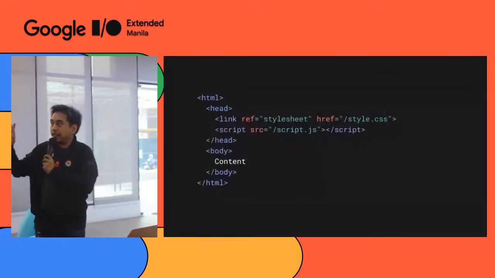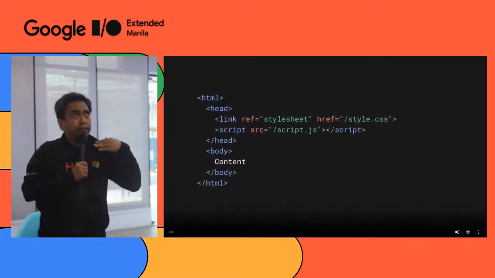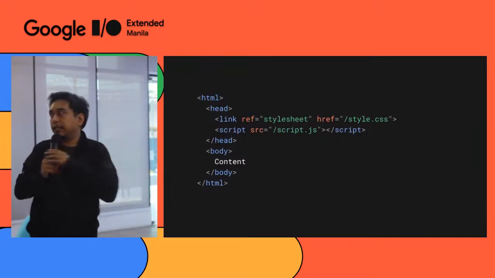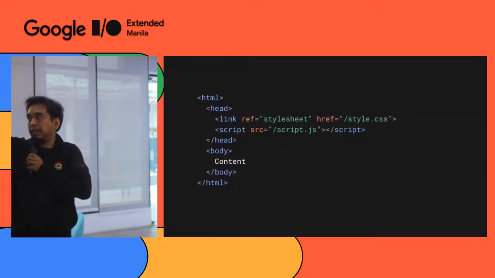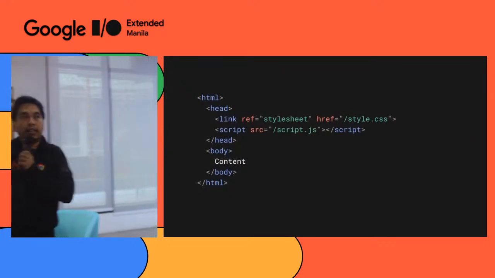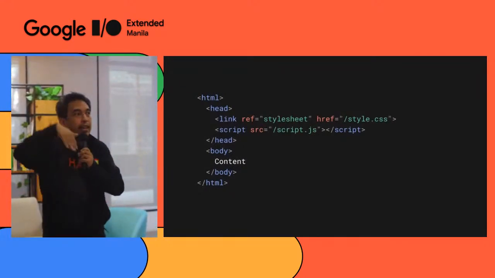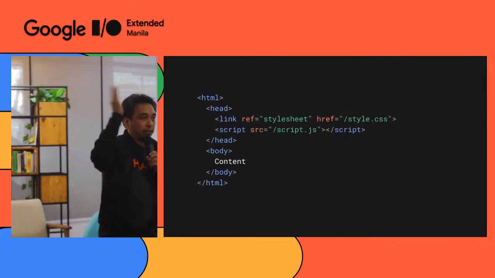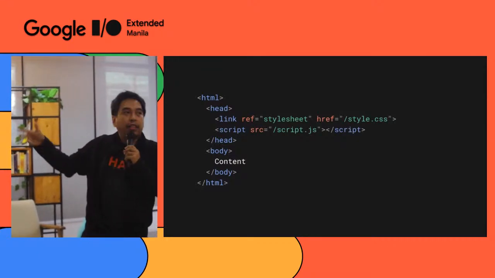So let's have this kind of example. The usual example, especially if you're using Webpack, or any bundlers that also generate the HTML, and even if you are creating your own, or like Next.js or whatever it is, usually would have an HTML, yung head would have yung link, yung style sheets, which loads a style sheet, and then you have your script, which is loaded as a separate file, and yung content.